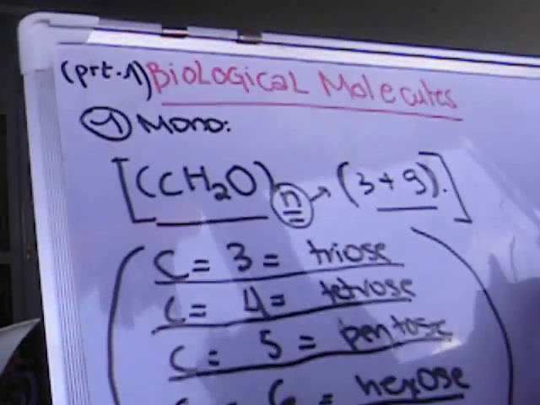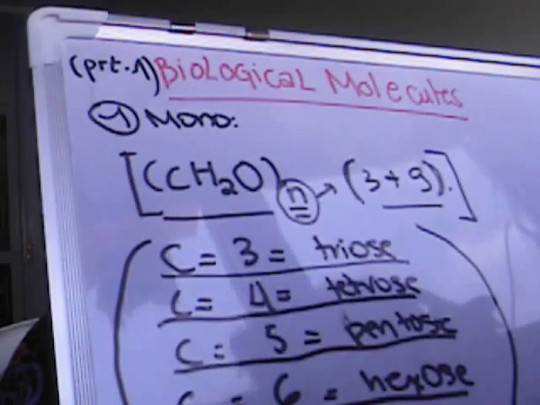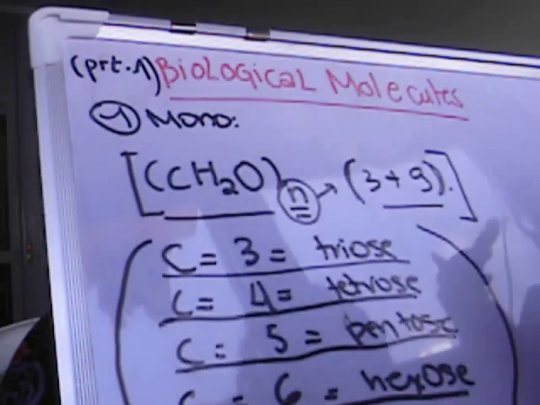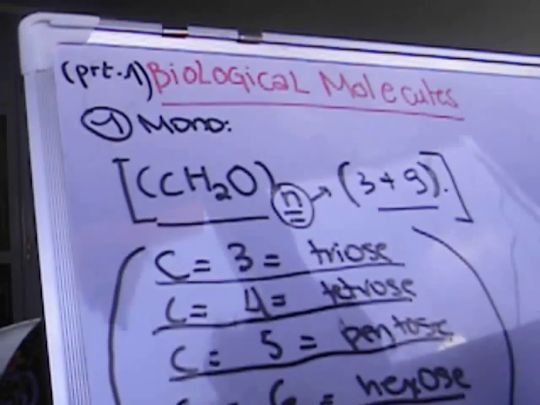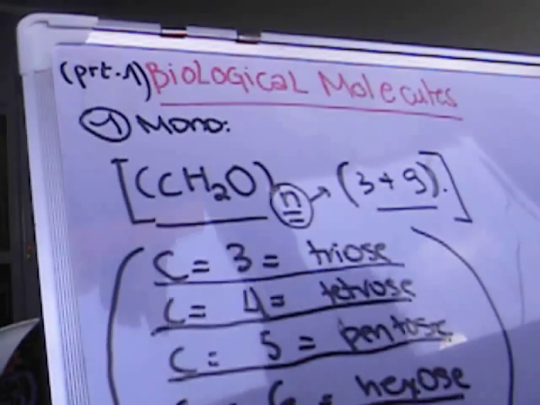This is clear, I guess? Now we're going to define each one: triose, tetrose, pentose, hexose.